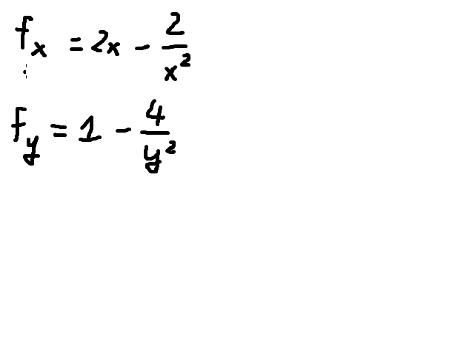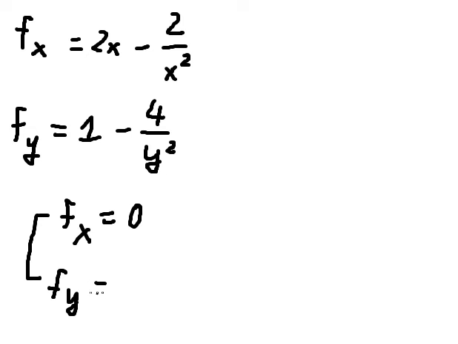So we have this one and this one. We put f of x and f of y equal to number 0. That means this one and this one equal to number 0.